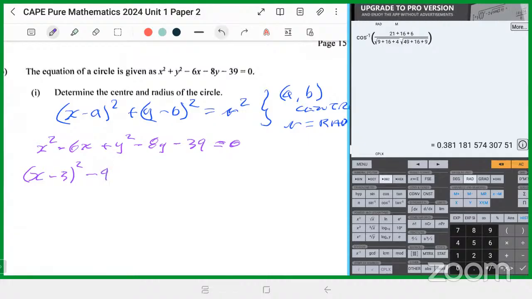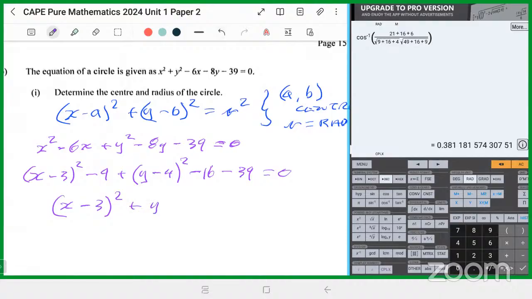For these two, it's going to be y, half of this is negative 4, squared, and then subtract the square of that 4, which is 16. And then I have minus 39 equals 0.